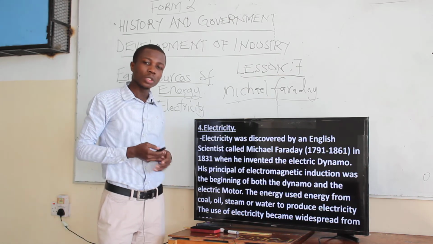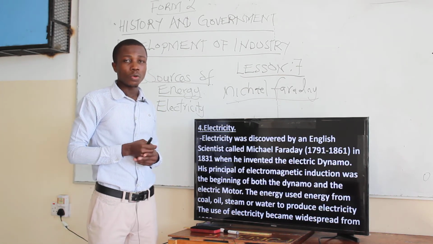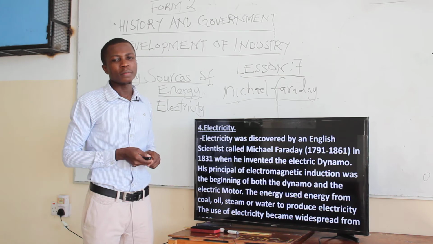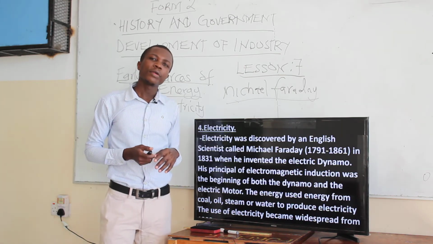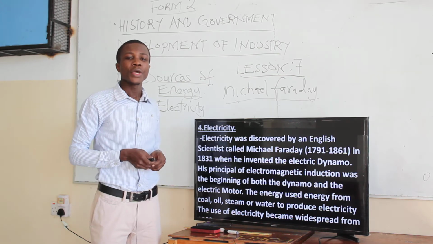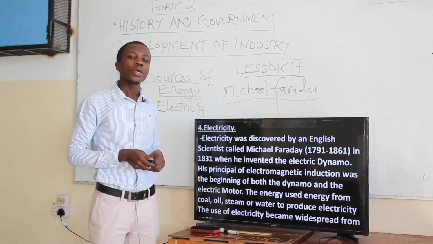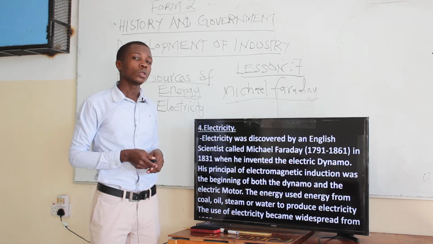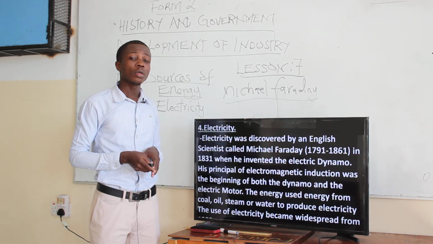Who invented electricity? It's known as Michael Faraday. On the screen you can see 1791 to 1861. In 1831, he invented the electric dynamo, creating an idea of coming up with electricity.